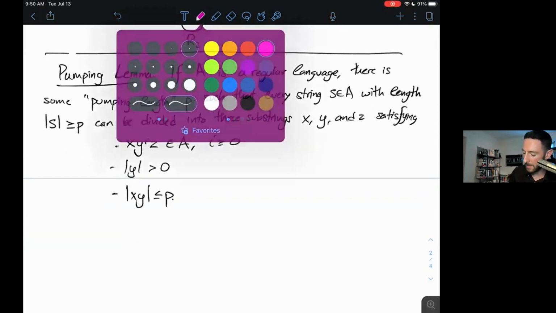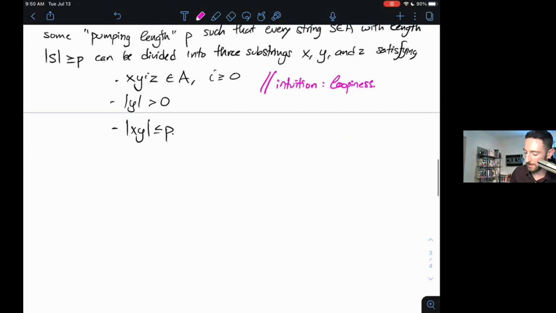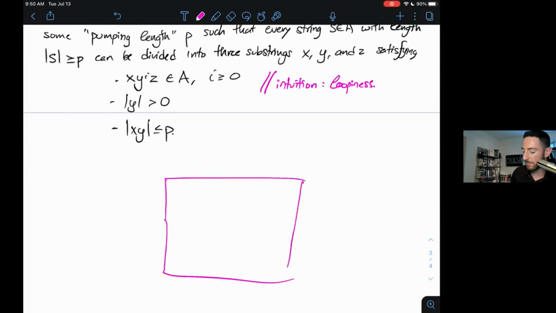And if you remember, the intuition behind this was loopiness. We proved this lemma by saying, suppose we have some DFA and there's some computational path through the DFA. If that computational path is long enough, then it must visit some state twice.